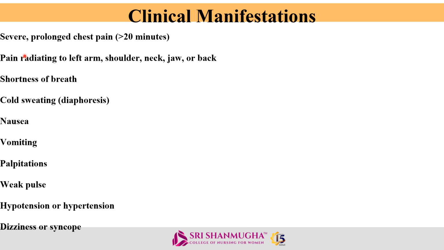Signs and symptoms include severe chest pain which is prolonged more than 20 minutes. Pain can radiate to the left arm, shoulder, neck, jaw, or the back. Patient can have breathing difficulty, cold sweating, which is known as diaphoresis. Can also experience nausea, vomiting, palpitation, where the patient will be able to feel their own heartbeat even at rest. The pulse will be weak.